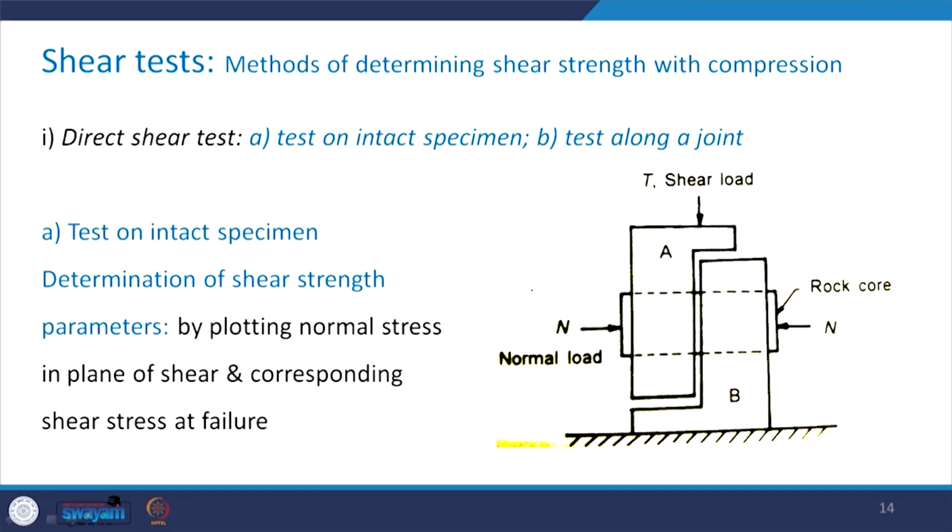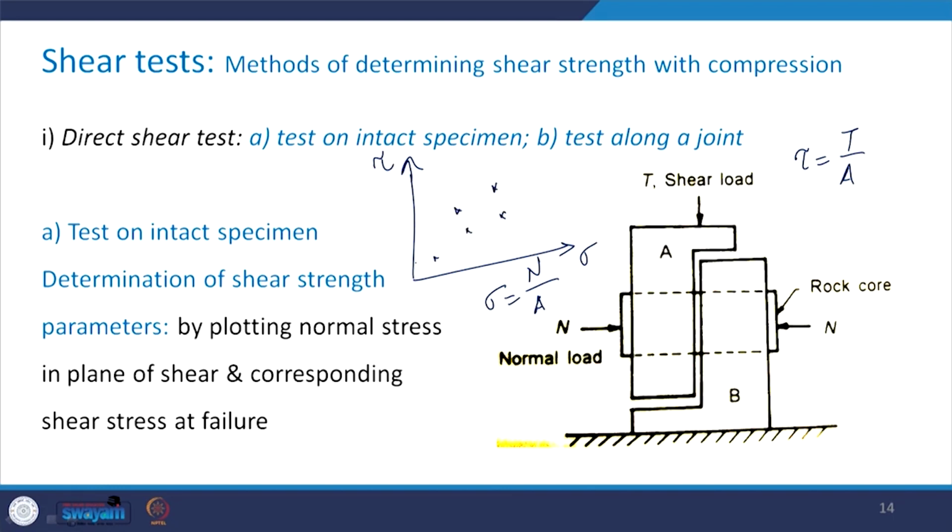Here we find the shear stress, tau equal to T upon A, and the normal stress, sigma, as N upon A. If we plot these, here it is sigma and you have tau at failure. Let us say I test 3, 4 or 5 specimens, and I get some kind of curve.